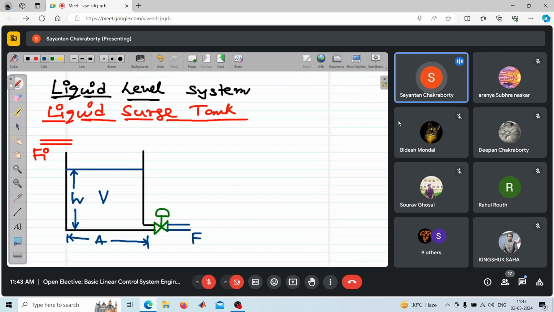Now there are two approaches to obtaining the model, because there will basically be a material balance that you have to achieve. This material balance can be achieved in two approaches.